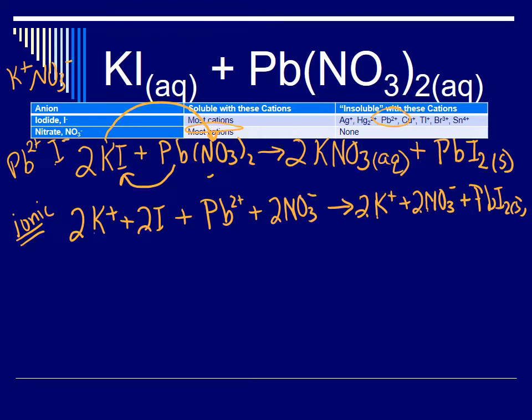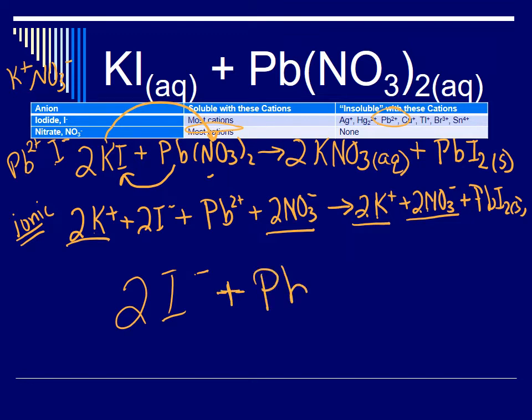Now let's see what's the same on both sides. My 2 K's are exactly the same, my 2 NO3's are exactly the same. Those are going to be my spectator ions, potassium and nitrate in this example. And then I'm going to write everything that I have left over. I have 2 I-, I was missing a minus up there. I think I wrote it and it just didn't show up because my pen's a little cranky sometimes.